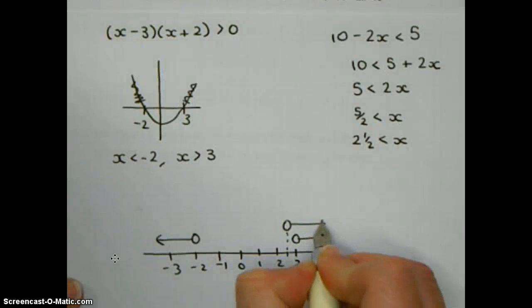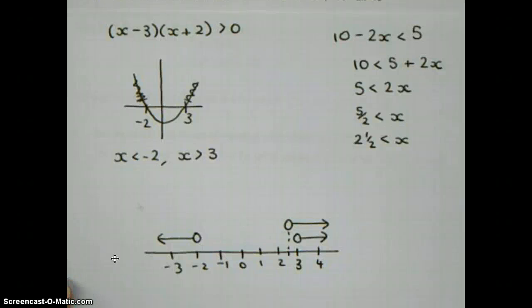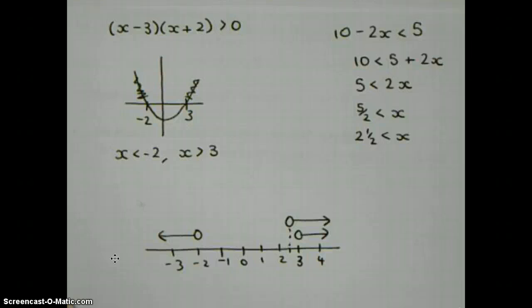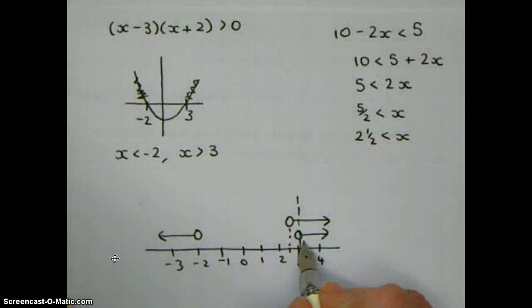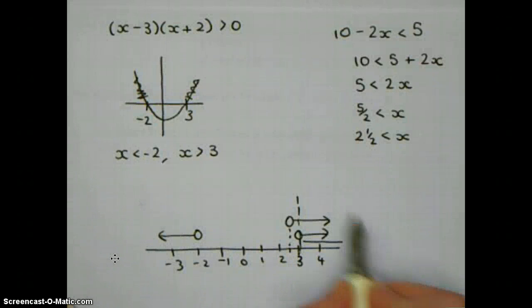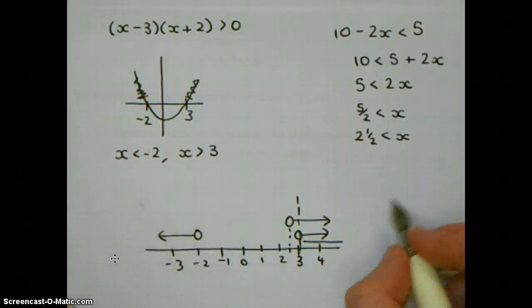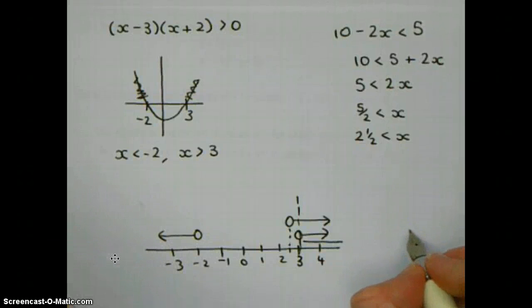So 2.5 and bigger. And all I'm asking for is where are both inequalities true? So whereabouts on my diagram are both things the same, or both true, both lines? And it's got to be from there up. So from there up, both of them are true, aren't they? So the final answer is both inequalities are satisfied when x is bigger than 3.